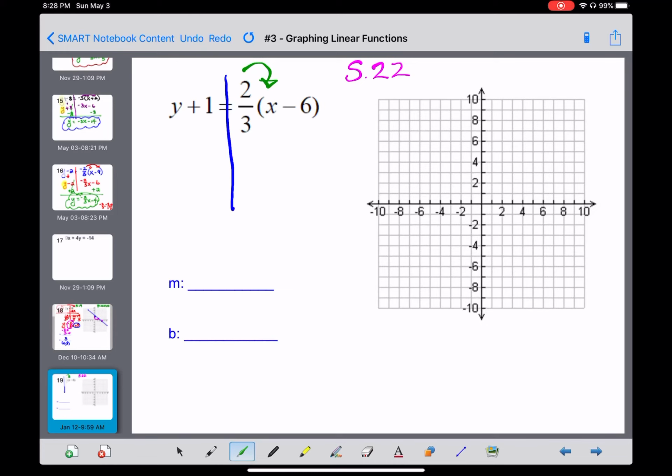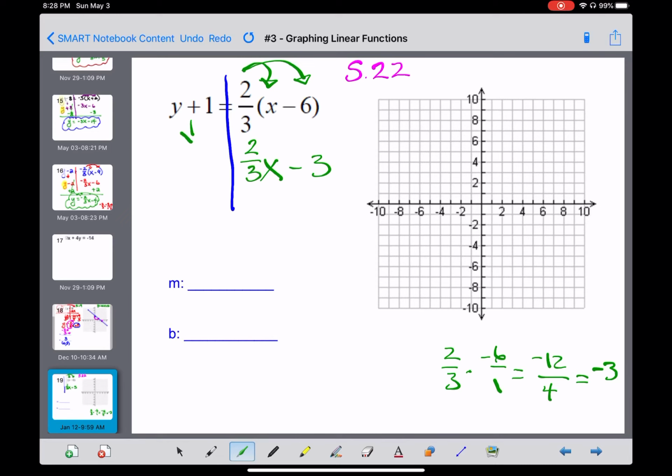2 over 3 times x is 2/3 x. 2/3 times negative 6. All right. 2/3 times negative 6 over 1. 2 times negative 6 is negative 12. 3 times 1 is 3. Negative 12 divided by 3 is negative 4. So this is negative 4.